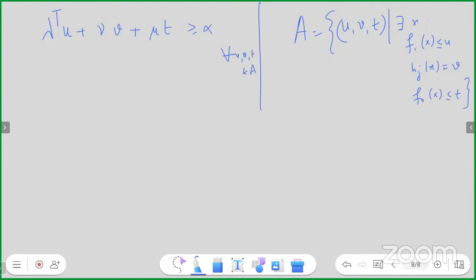If you just increment over U, V, T, then also the relation is true. So when you are taking the increment, that U will be replaced by H, and T will be replaced by F0. And I do all that.